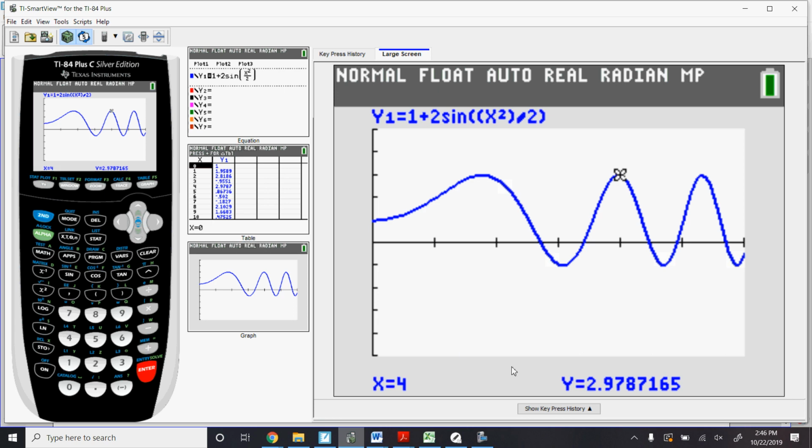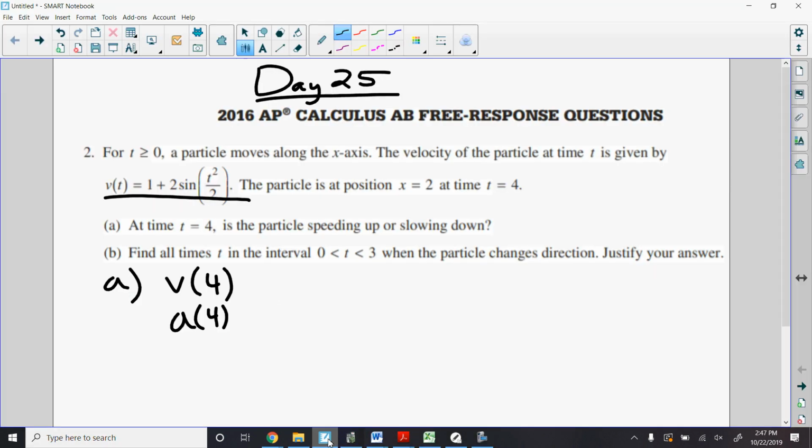And this y value right here is my velocity. So what I know is that v of 4 is 2.9787165. And when I write that down, I can round that to 3 decimal places or truncate. Everything is going to be 3 decimal places. So I'm going to call it 2.979. So v of 4 I know is 2.979.